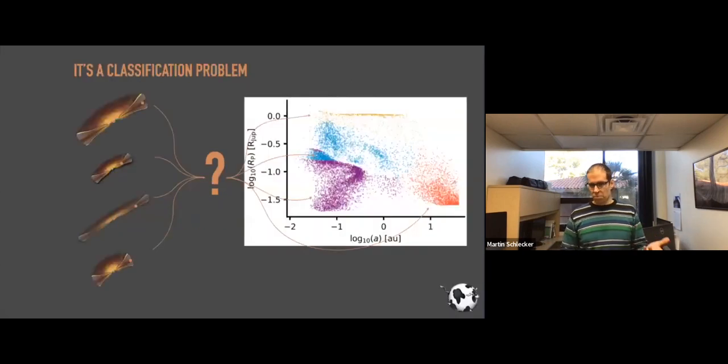One can reformulate this as a classification problem, where the question is, can we predict the planet species for a given instance of a disk feature? Give me a disk which has a size, a mass, a dust-to-gas ratio. Can I predict from there which planet type comes out?